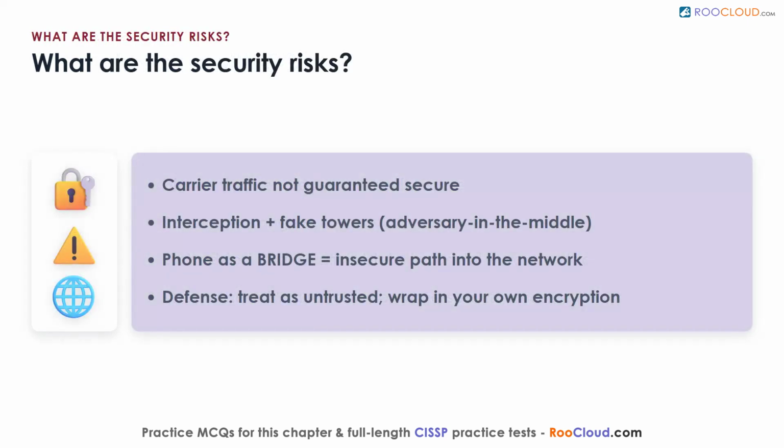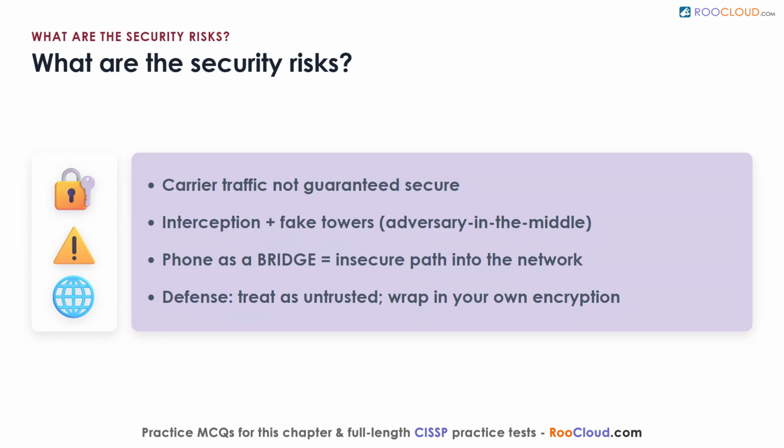What security risks come with cell phones as doorways? Several, and they stack. First, traffic across a carrier's network, whether voice, text, or data, is not guaranteed to be secure. Second, with the right sniffing equipment, your transmissions can be intercepted, and an attacker can even stand up a fake tower to run an adversary in the middle attack.